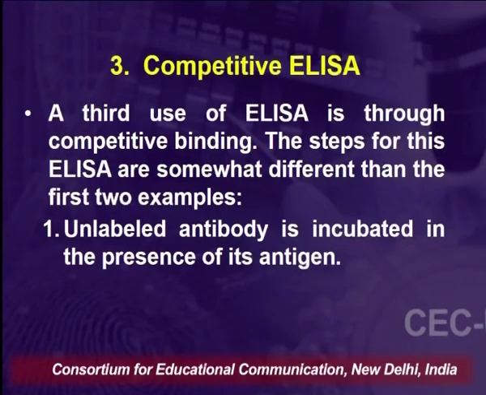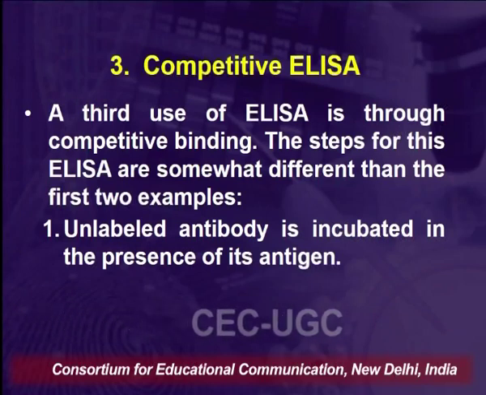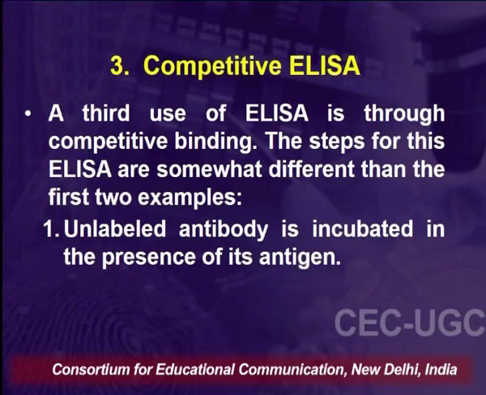Next we have a competitive ELISA. It is based on the way we have studied about the competitive and non-competitive techniques. In this specific case, the reaction takes place through competitive binding. The steps for this ELISA are somewhat different than the first two examples. Here, the unlabeled antibody is incubated in the presence of its antigen.